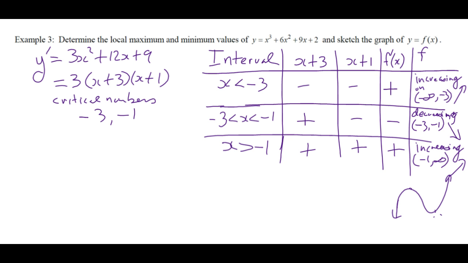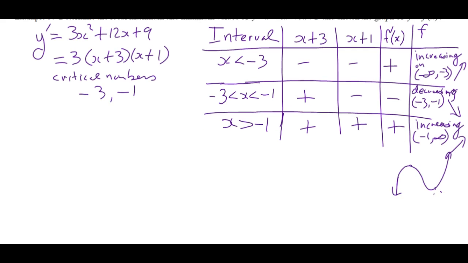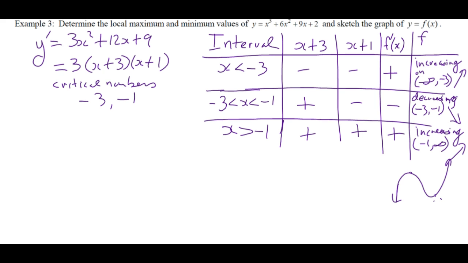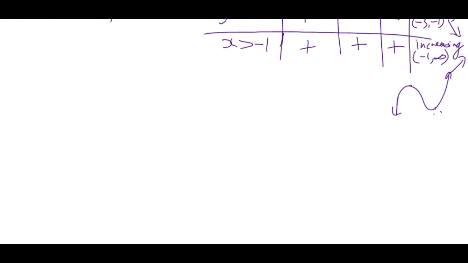I know it does this. But now I need to look at the critical numbers, at -3 and -1. So we are now going to examine the critical numbers. Actually, I'll just say determine.